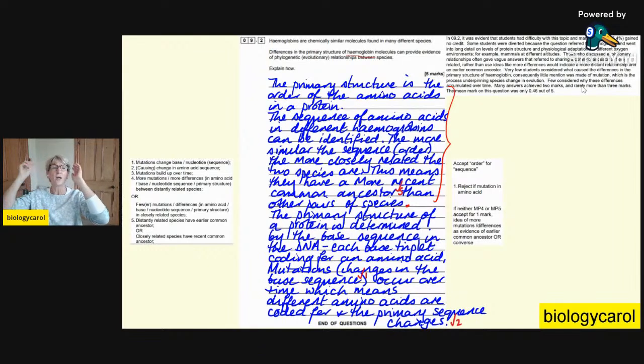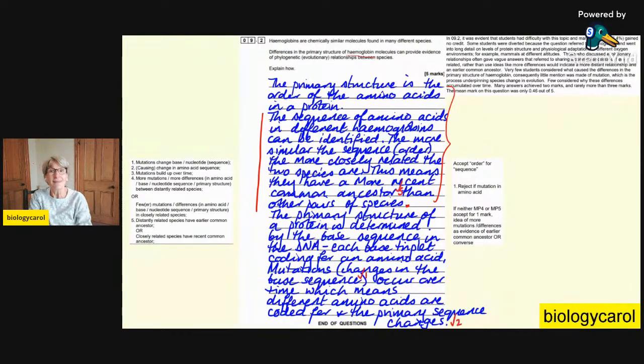Either emphasizing how do the differences in the primary structure provide evidence, explain how the evidence is provided, in which case this bit particularly answers the question, but clearly it's only 1 mark, or else say, explain how the differences in the primary structure come about and therefore are evidence of a phylogenetic relationship. Can you see there's a really different way of reading the question?